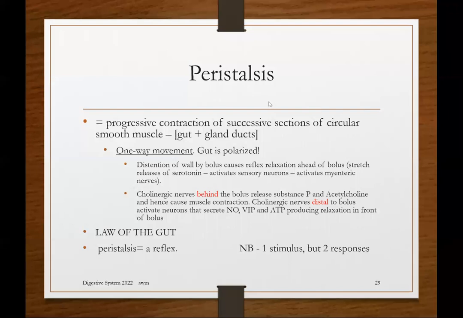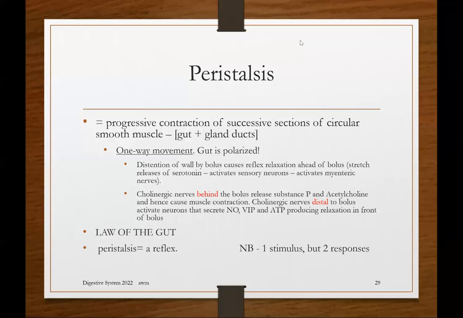Ahead of the bolus, you're going to get relaxation, which means that the lumen will widen, whereas behind that distension, you're going to get contraction, a narrowing of the lumen so that you can squeeze the contents forward. So you have one stimulus, the distension of the wall, but two responses. Ahead of the bolus, relaxation. Behind the bolus, contraction. So peristalsis is a reflex.